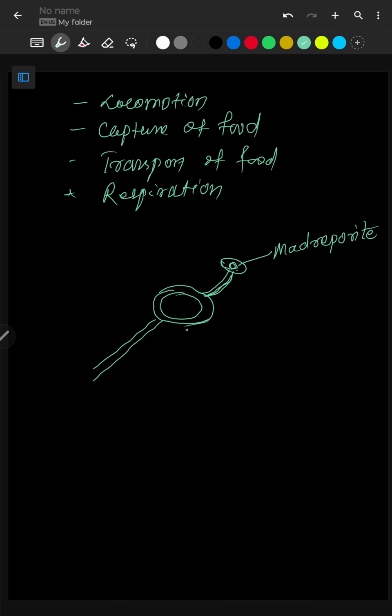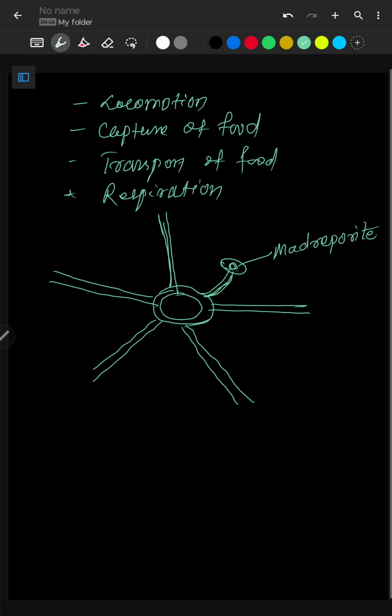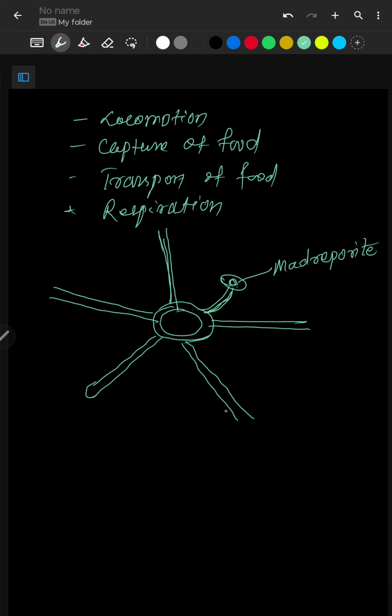So let me show you the five arms. One, two, three. So there are five radial canals radiating from the center. These are called radial canals. Okay, and this is the ring canal.